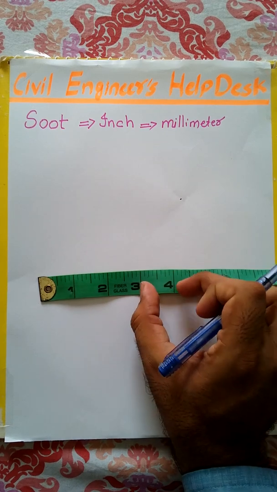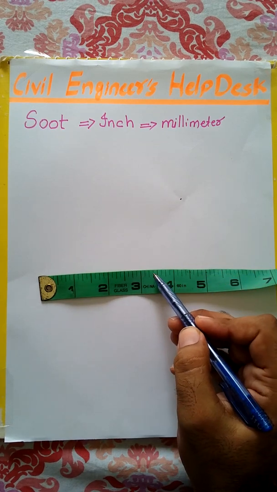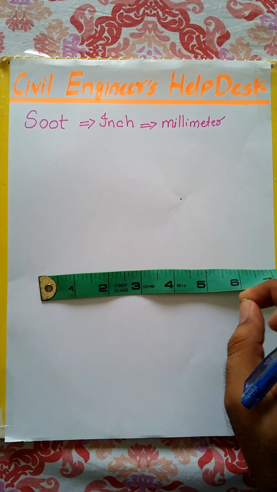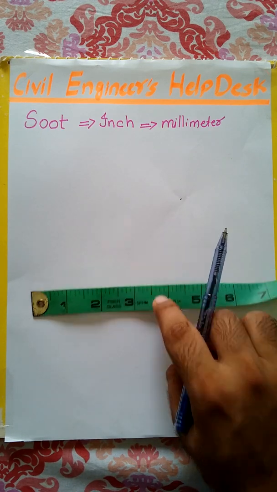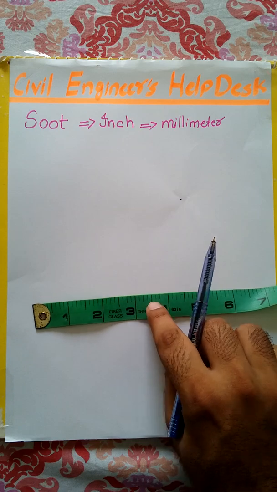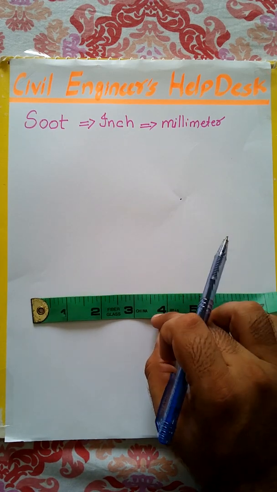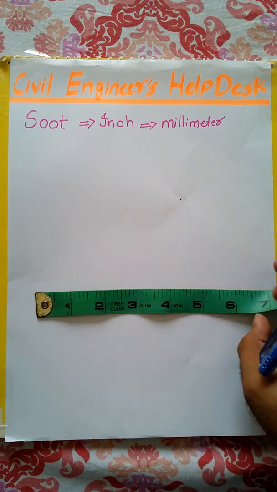In every inch there are 8 divisions. Viewers, these 8 divisions of the inch are called Sooth.